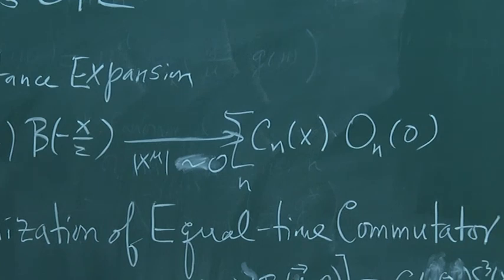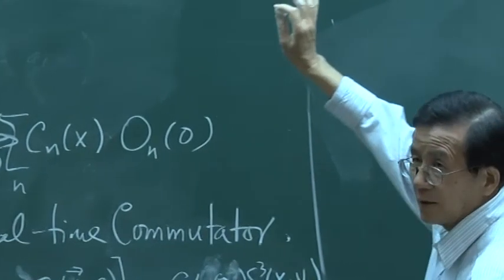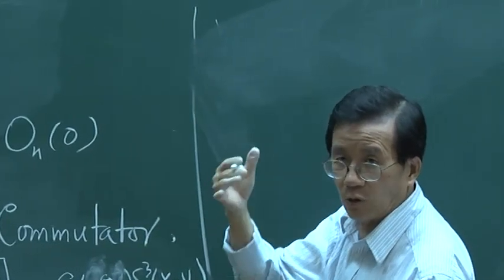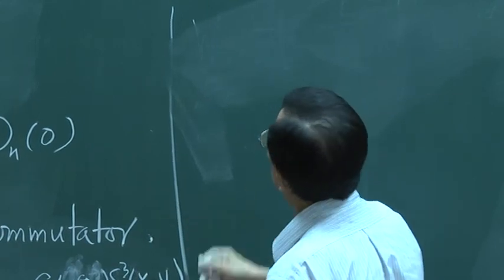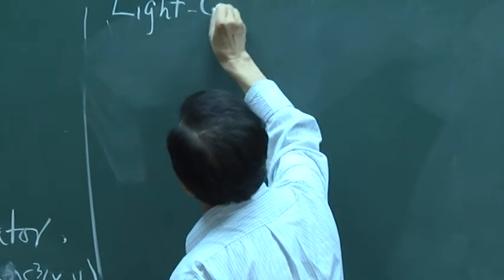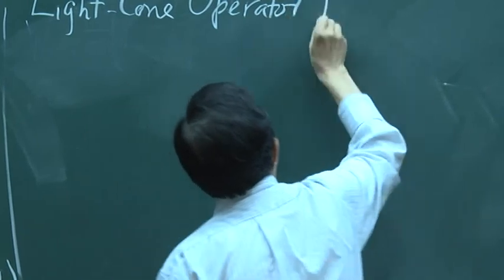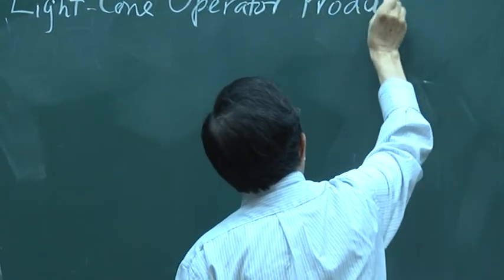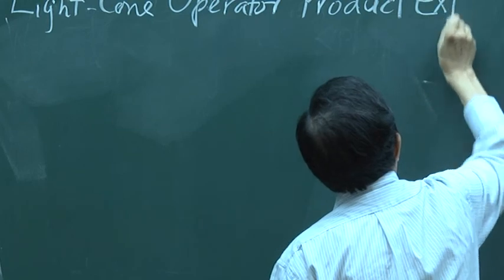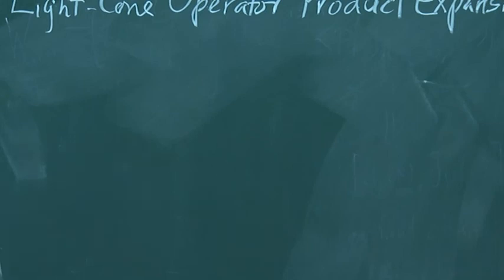So many people, I don't remember who, once they realized that for deep inelastic electron scattering the operator product you need is near the light cone, then you just generalize to the light-cone operator product expansion. And this is much more complicated. So I will only write it down once, and then I'm going to skip it all the way.